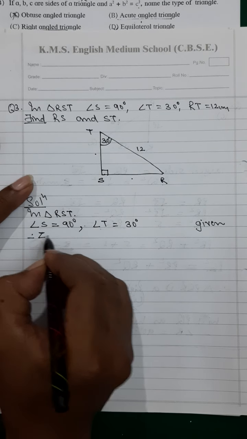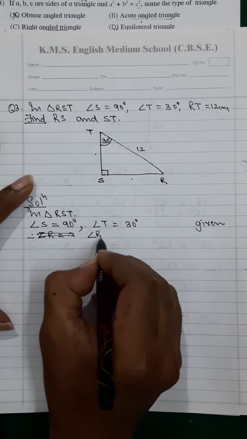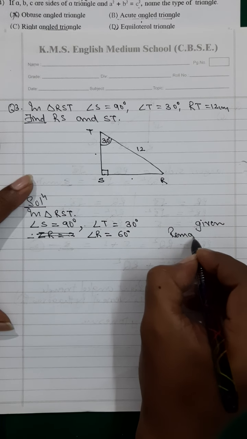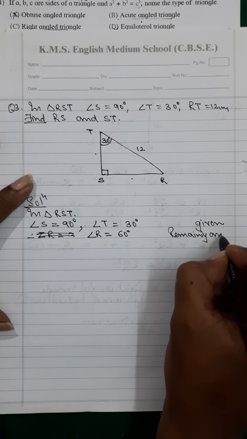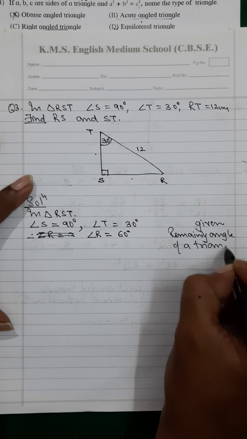Therefore, angle R is equal to 60 degrees. Reason: remaining angle of a triangle. Therefore, triangle RST is a 30, 60, 90 degree triangle.